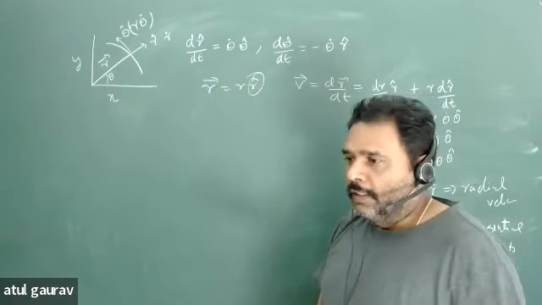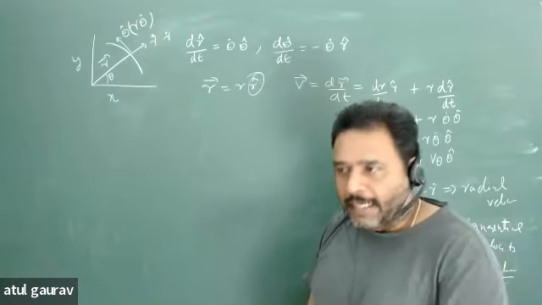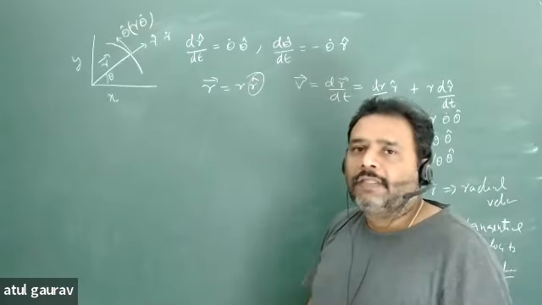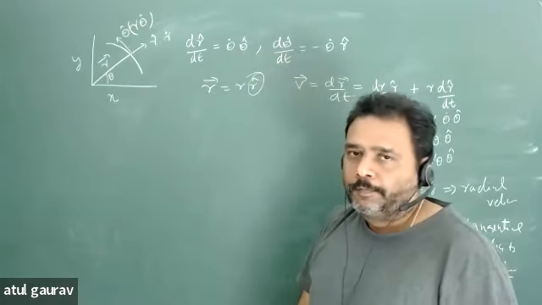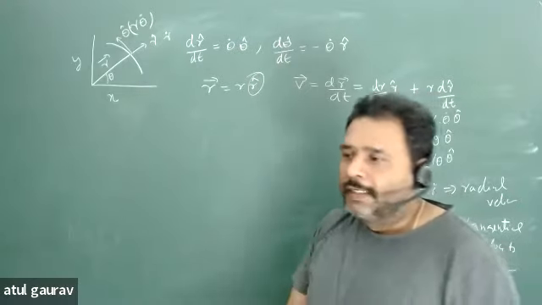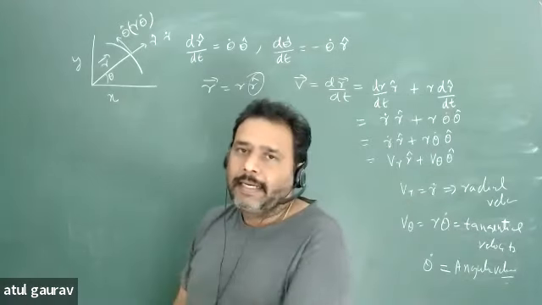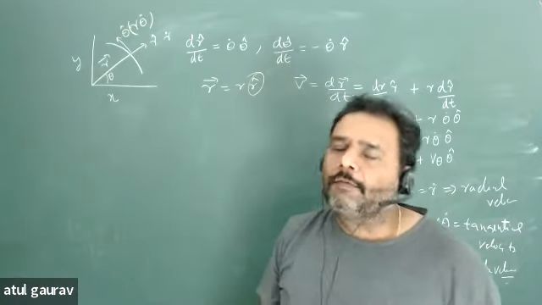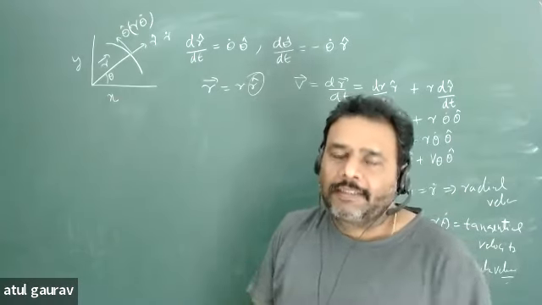If you are changing r cap with time, it will give you some effect in theta cap. So it is more than enough to define your position vector only in the radial direction as well as radial magnitude. Obviously, if I am talking about magnitude, that should always be radial. So it is very efficient.